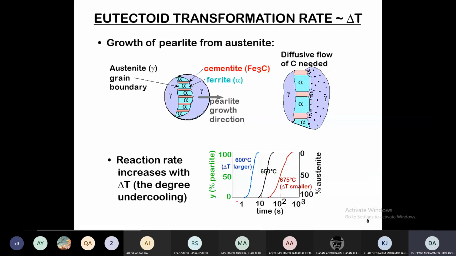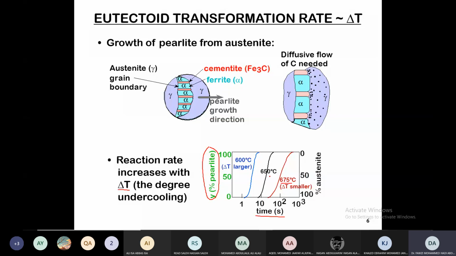Here is what we are looking at. Reaction rate increases with the delta T, as we have seen here. That is the fraction or the percentage of the pearlite produced, and that is the log of time, which you have here. This is the S shape for the different temperatures here.